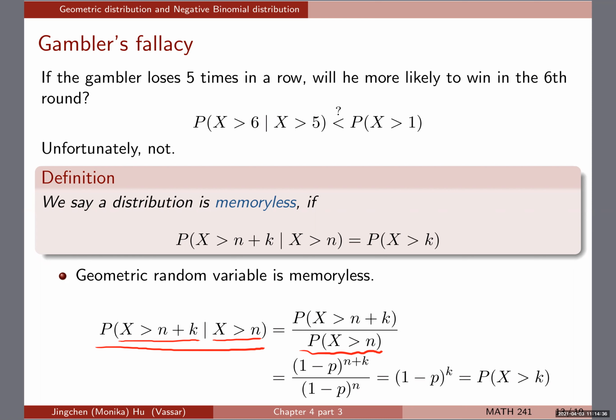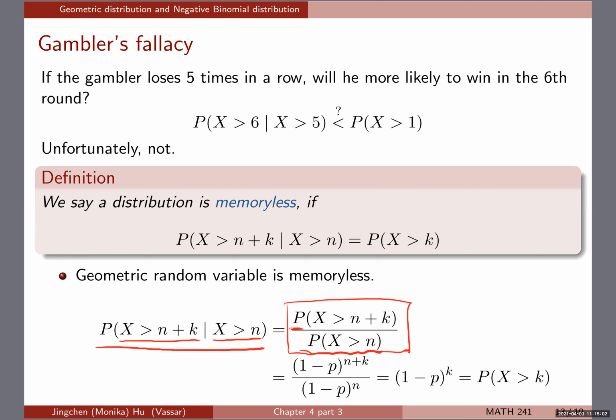As you can see from the previous video about the CDF of the geometric distribution, the probability of X being greater than n plus k is the same as saying that all of the n plus k trials have to fail.